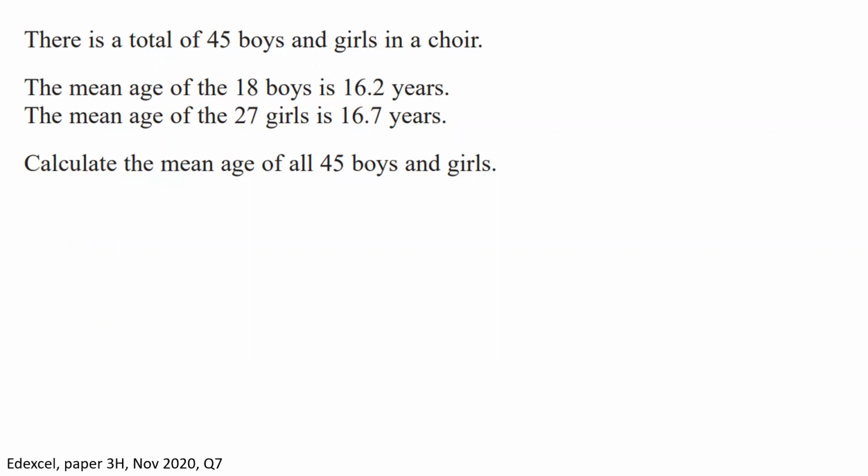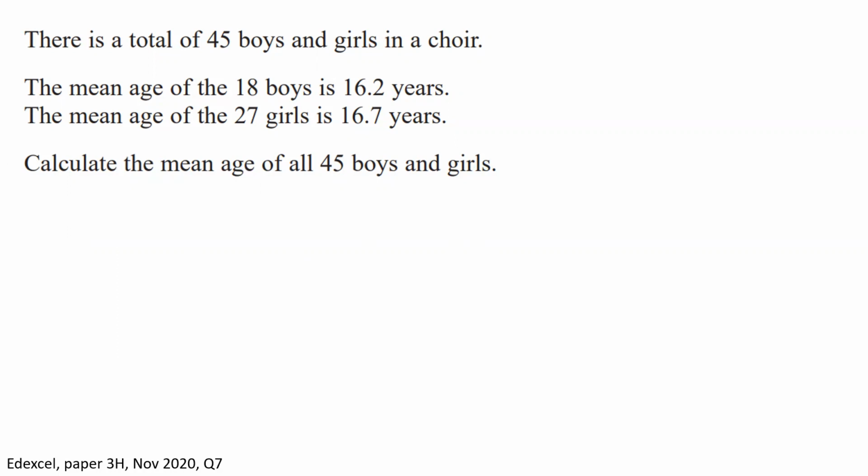So today we're going to be tackling this question that asks us to calculate the mean age of a bunch of children. Normally when you're working out the mean, you would find the total and then divide it by the number of different things there are. However, in this case, it's taken a step further.